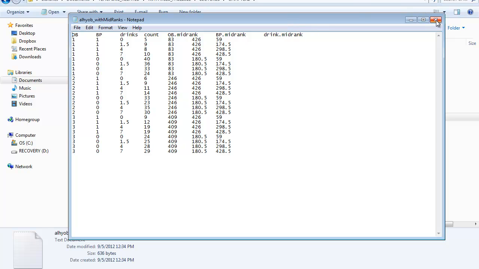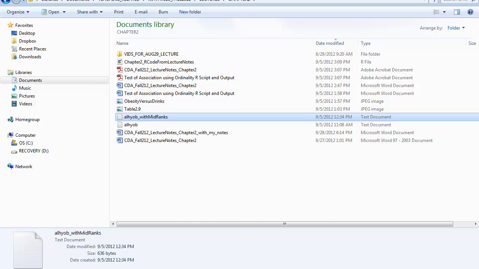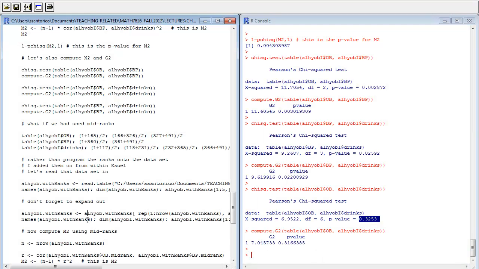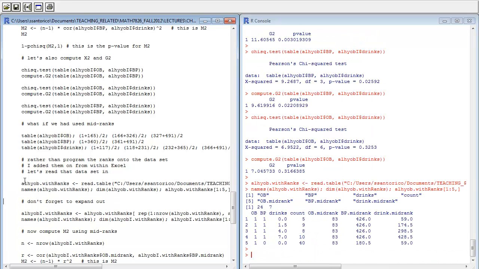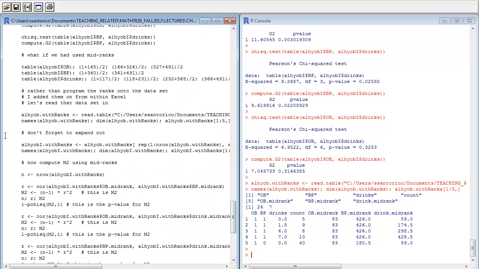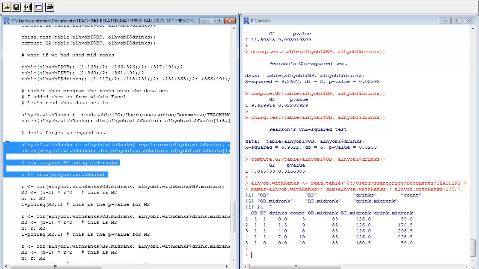And so I'm going to read that into R and use those ranks. When I read this in, you'll see it read in obesity rank, blood pressure rank, drink rank. I need to expand it out so that instead of having counts, I actually have data per person, which is exactly the same thing I did earlier.